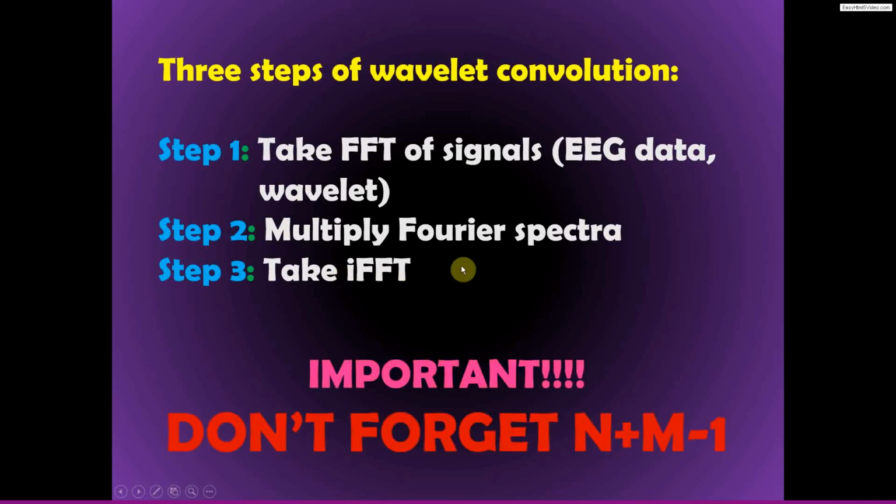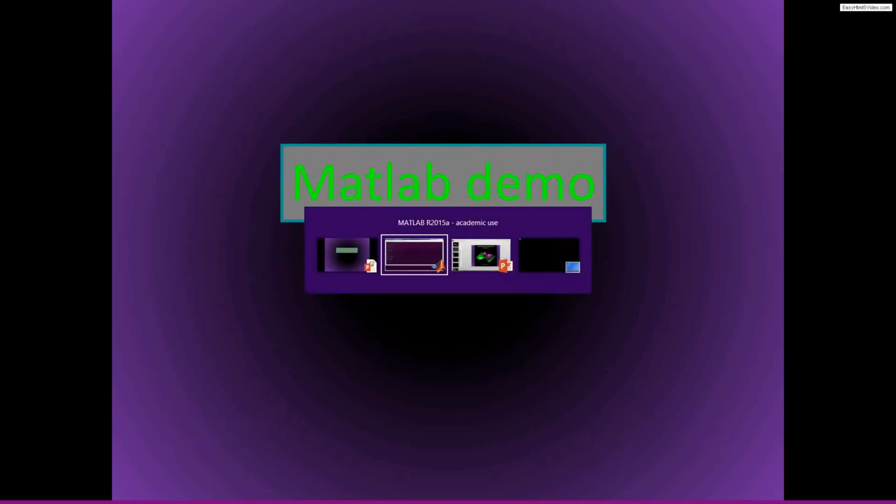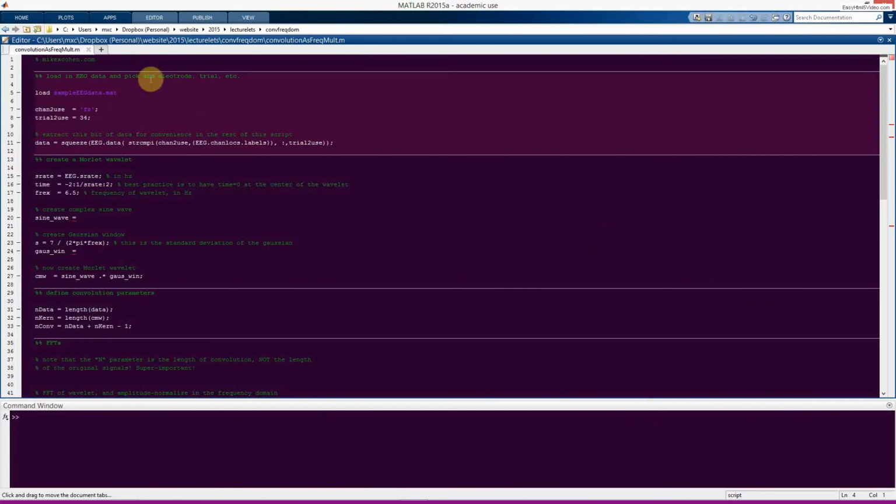And of course, you will never ever forget that the length of the result of convolution is n plus m minus 1. It's the length of the data plus the length of the wavelet minus 1. And this is always true whether you are doing convolution in the time domain or whether you're doing convolution via frequency domain multiplication. All right, so let's switch over to MATLAB and take a look at this.